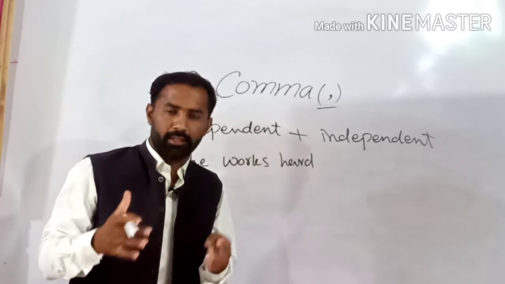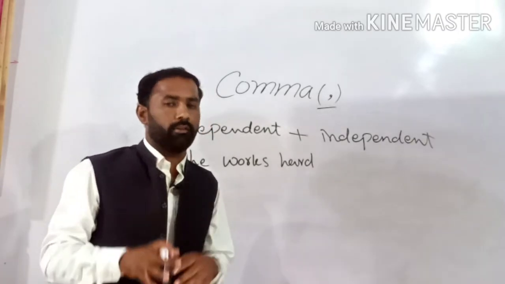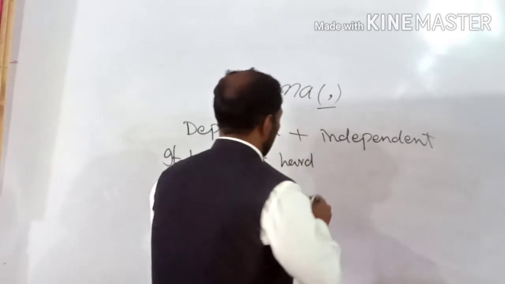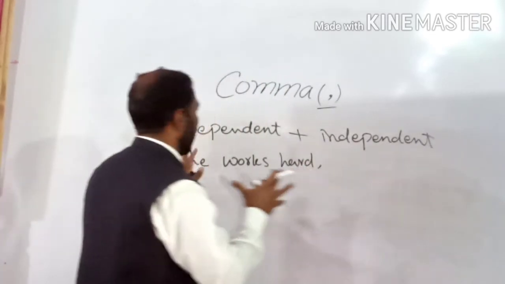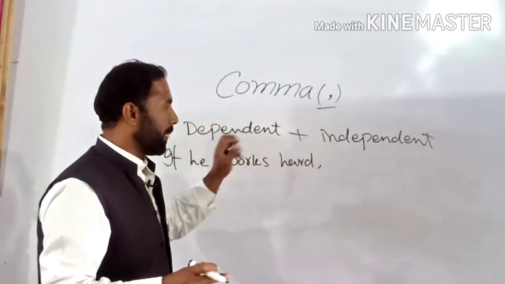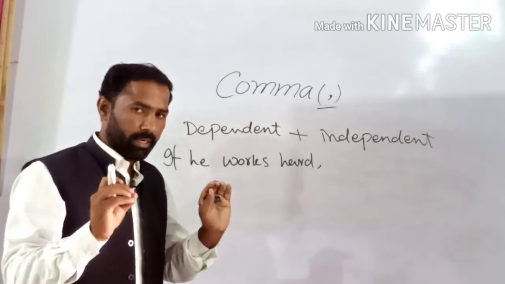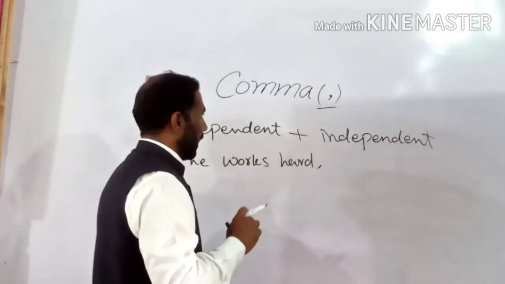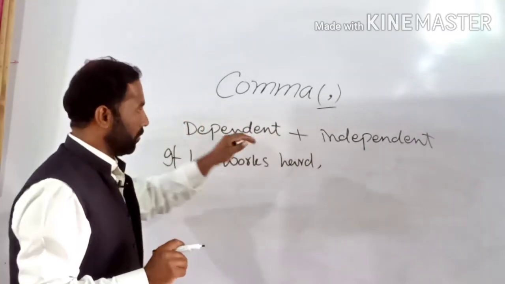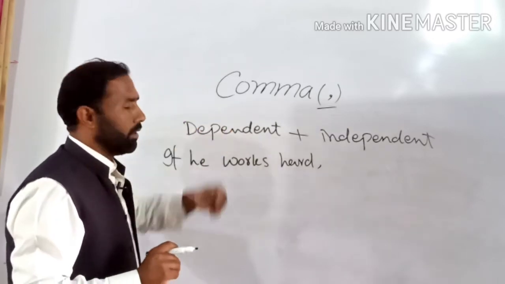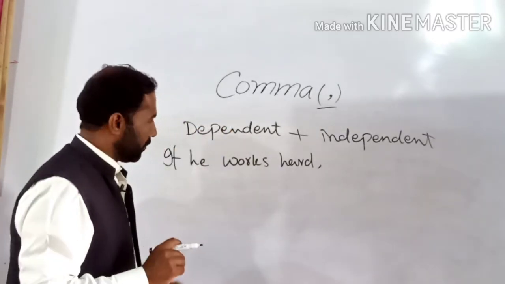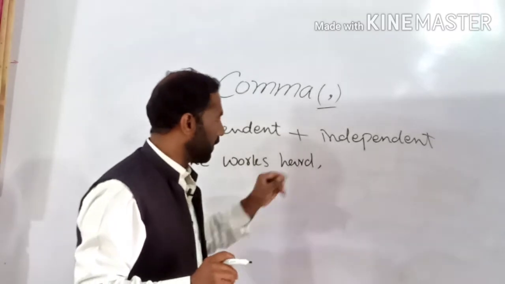It needs explanation. Then what happened? So we would use a comma when we are connecting dependent plus independent, two clauses. In this sequence, when we write the sentence, we would use a comma in between.